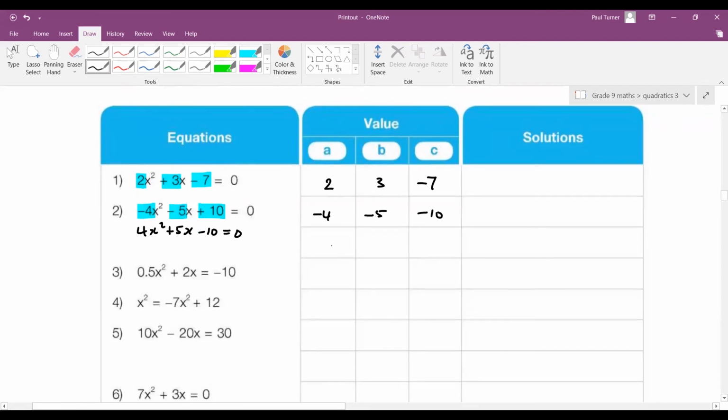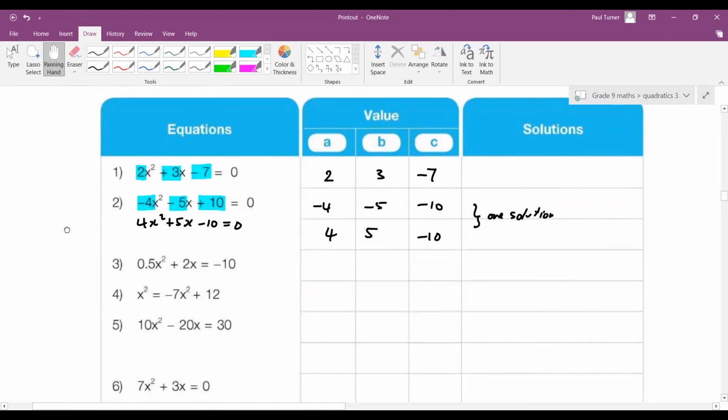So in this case, you're going to get 4, 5, minus 10. But you'll only get one solution, so don't do it twice. You'll get the same answer, okay? All right, so you try them yourself. Fill some in yourself. We'll do some in a minute, but we only have a few minutes left.